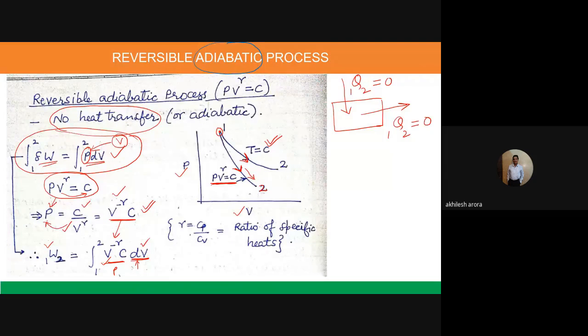And one more thing, here it is written that gamma is Cp by Cv. And what is Cp by Cv? It is the ratio of specific heats. We will discuss the specific heats later in this chapter, but for the time being, you should remember this. I think it is clear to you up to this point. Now we are going to proceed to the next slide.